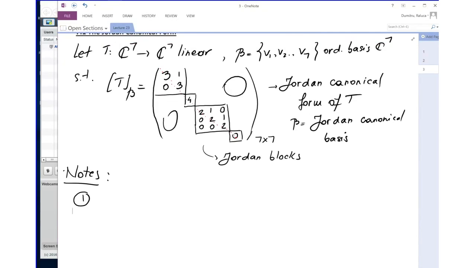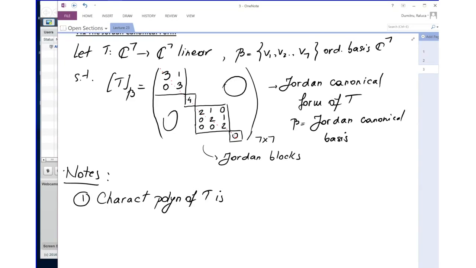Well, if the matrix of T in some basis beta looks like the one above, we still know what the characteristic polynomial of T is. Because the characteristic polynomial of T is the determinant of the matrix of T in any basis you want, minus t times the identity. This matrix, if you look at it carefully, is actually an upper triangular matrix, right?